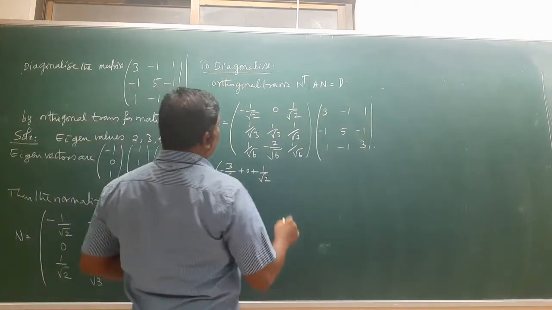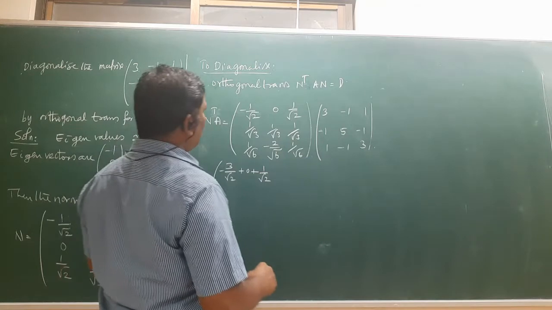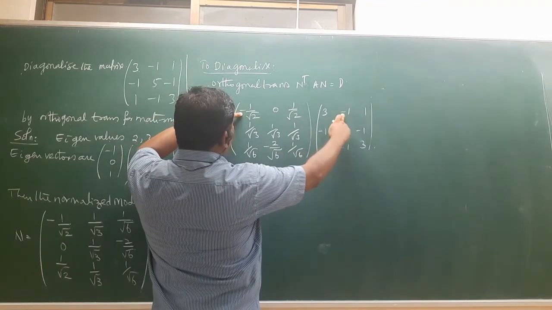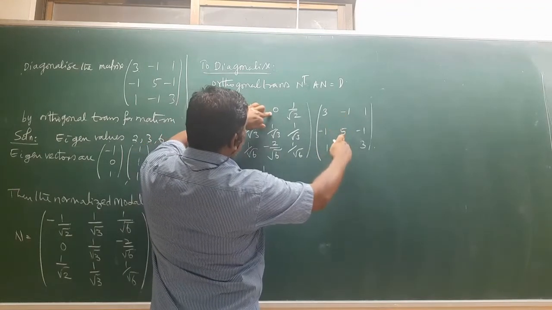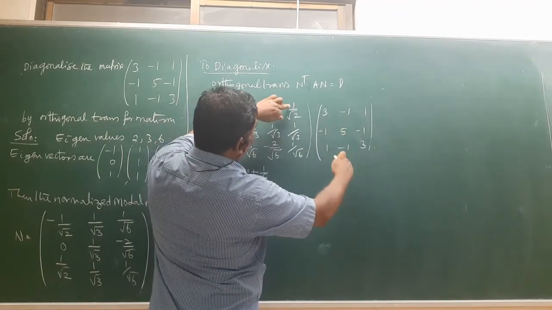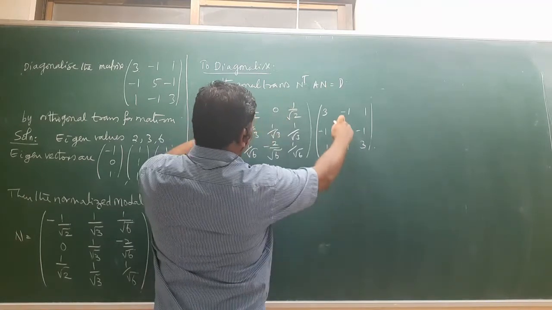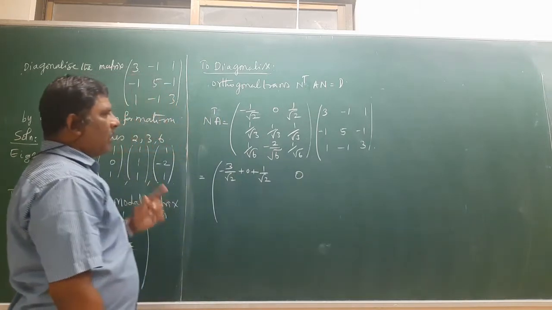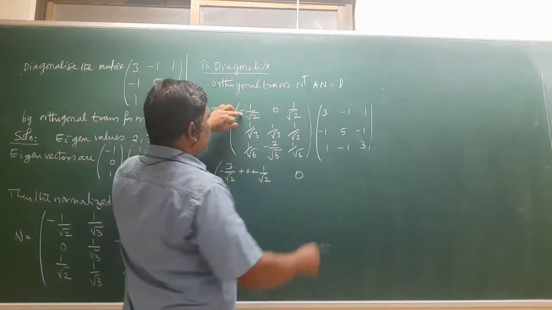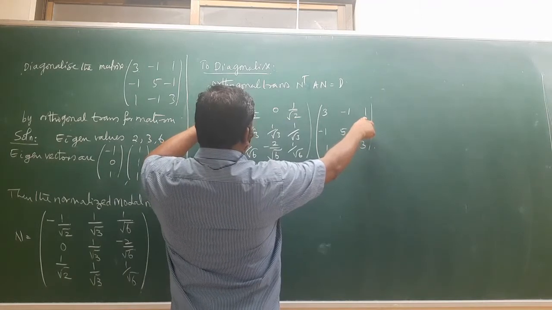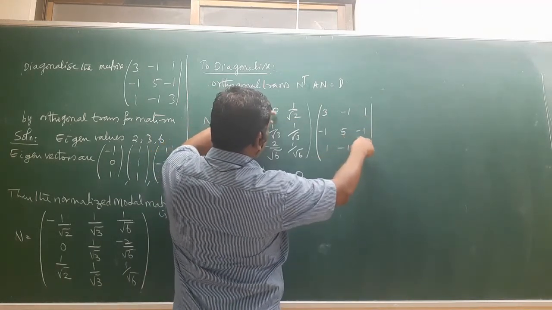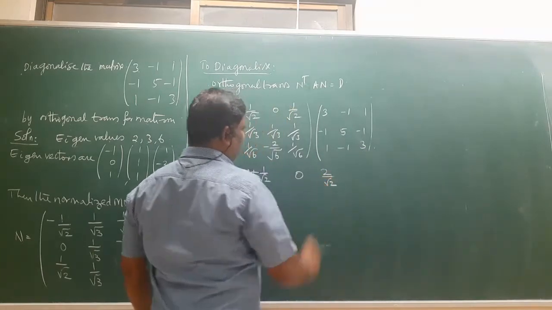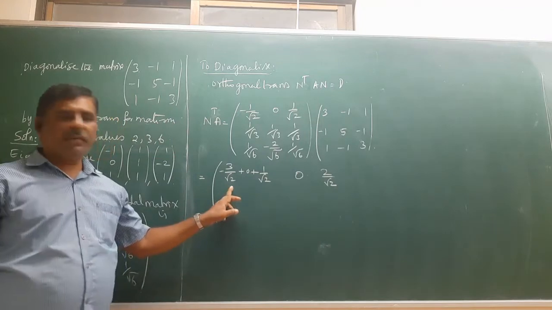Second one, similarly: minus 1 plus 1, 0; minus 1 plus 1 and minus 1, 0 by root. The last one is minus 1, 0 plus 3, 2 by root. This is the first one.